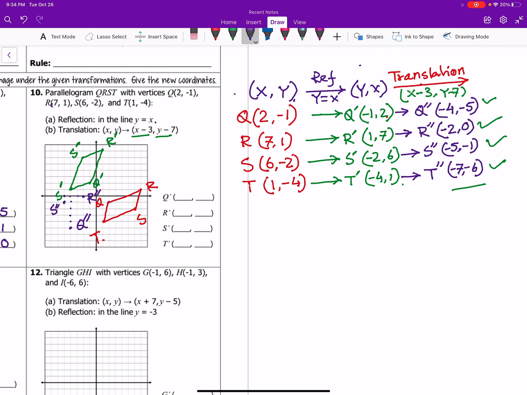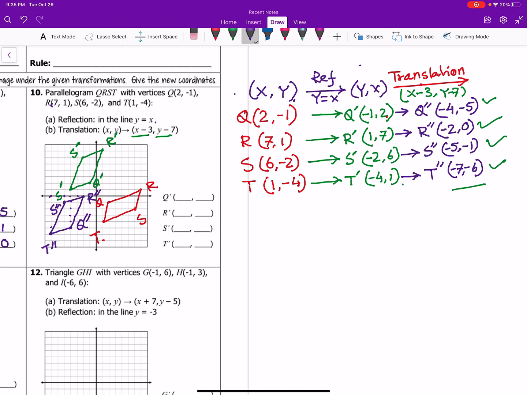And then T double prime, negative 7 and negative 6. Okay, so negative 7, up to this was 5, so 2 further, and negative 6. Okay, 1, 2, 3, 4, 5, 6. Okay, so that's my T double prime. So let me connect them and I get my final image.